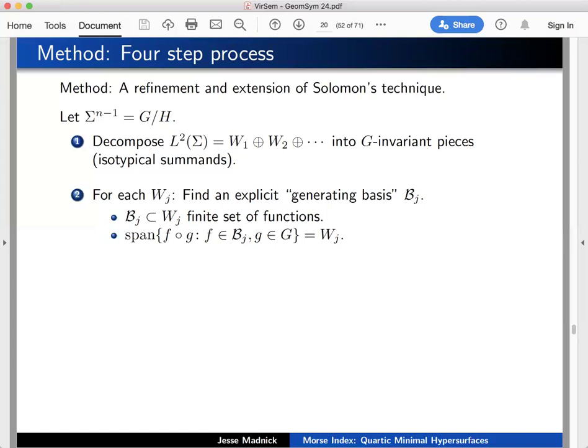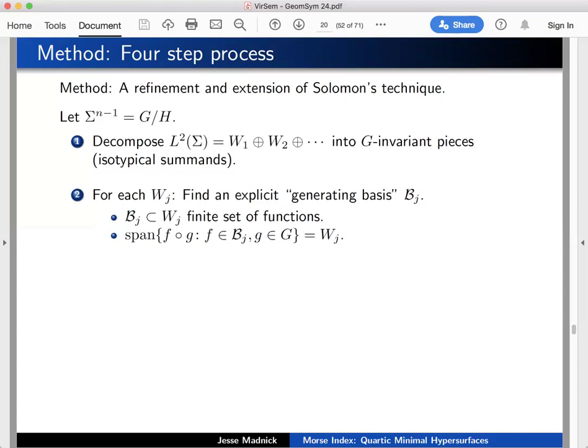In order to represent the Laplacian as a matrix, you have to choose a good basis. So you have to choose a basis of W1, and a good basis of W2. The way you do this is you choose what I'm going to call a generating basis, Bj, of Wj. I'll say what this is in a few more slides. But essentially, this is a finite set of functions.